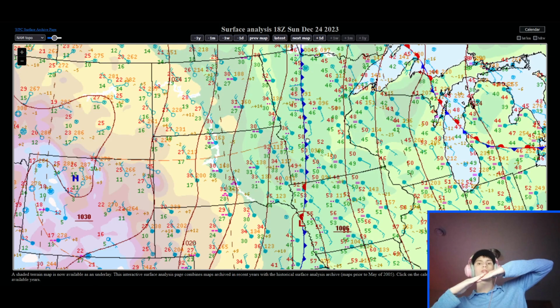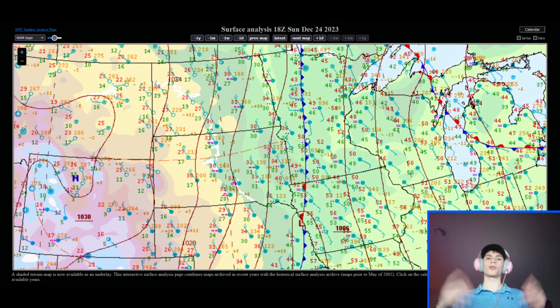And mind you, also moist air as well. So when that moist air goes up, it'll begin to condense and create rain, clouds, all that stuff. Hence why we had quite a bit of rain for December 24th.